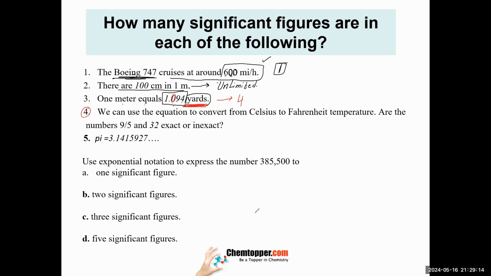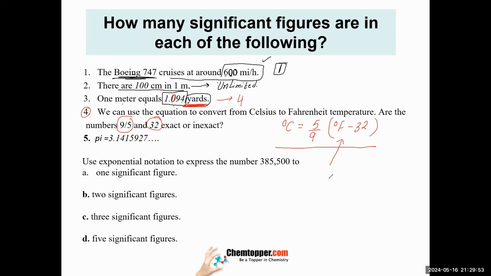See this one. Degree Celsius can be converted to degree Fahrenheit by using this equation. And this equation is based on well-defined conditions. So it's a defined equation. So here, these values 9 by 5 or 32, they are exact numbers.